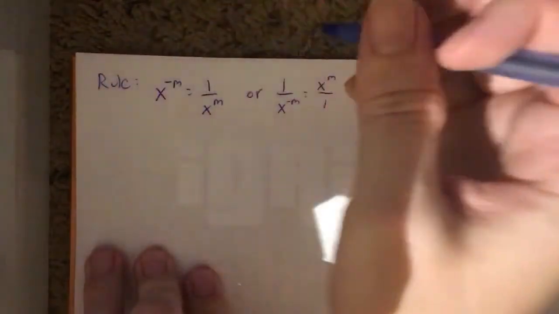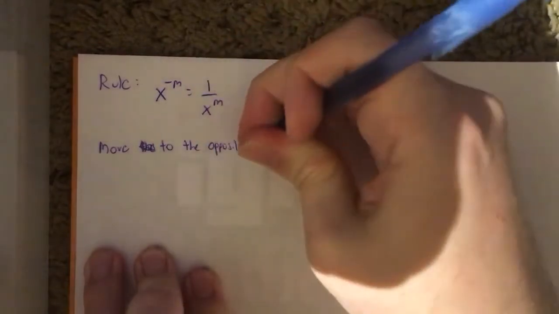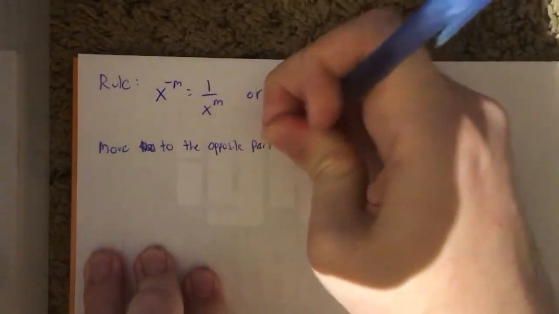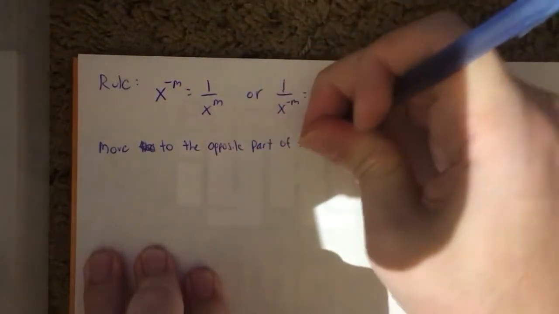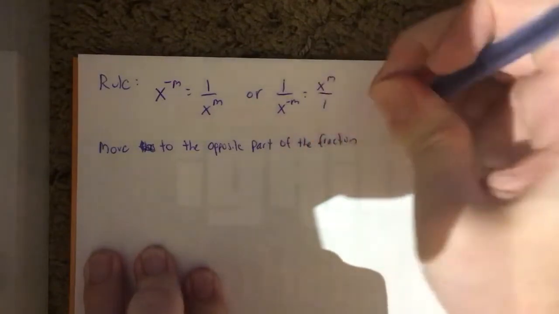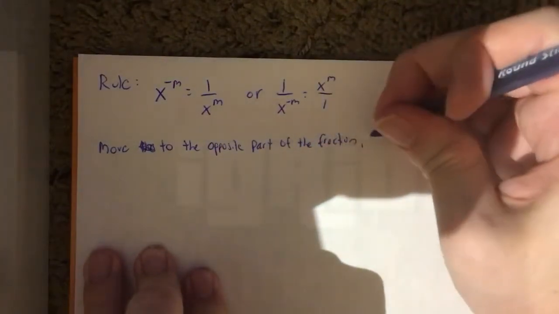So this is an easy way of thinking about it. Move to the opposite part of the fraction. Flip the sign of the exponent.